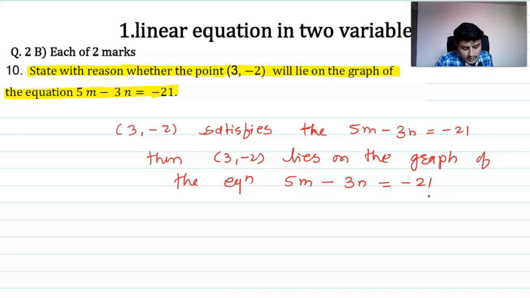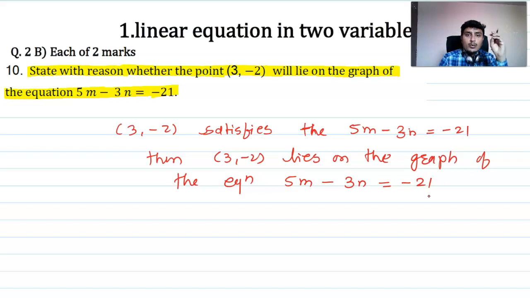That means we have to check whether (3, minus 2) lies on the graph of the equation 5m minus 3n equals minus 21. Once the point (3, minus 2) satisfies the given equation, then we can say that (3, minus 2) lies on the graph of 5m minus 3n equals minus 21.